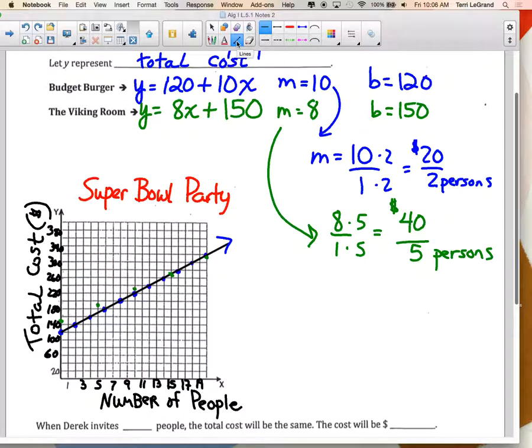Line segment? Ray again, right? These get pretty tricky, so you have to be really good with your graphing. Those lines get pretty tight, don't they? They like each other.